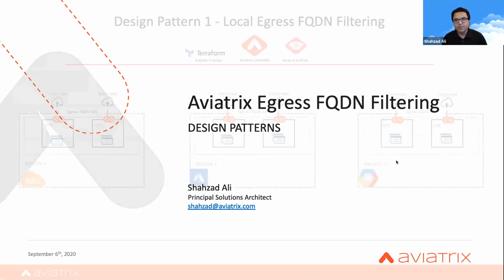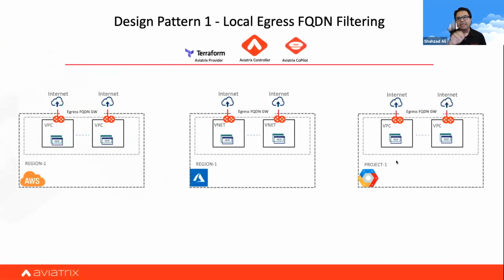So the first design pattern that we see here, we call it the local egress FQDN filtering pattern. What you see here is that a lot of enterprises come to us with a pain: I have deployed my application in Azure or in AWS or GCP, and now I need to make sure that the traffic going out towards the internet is secure and spec'd properly.